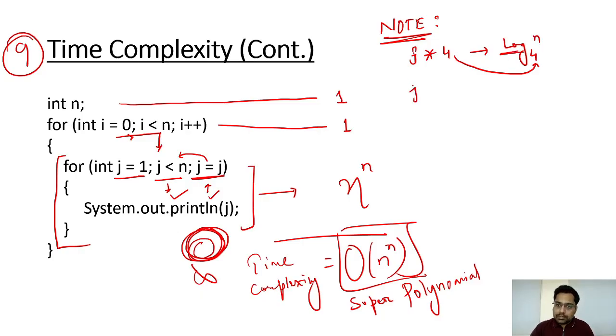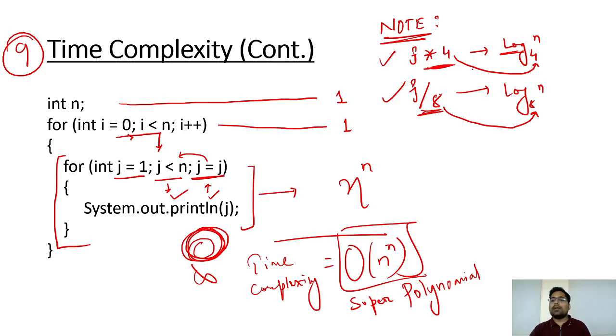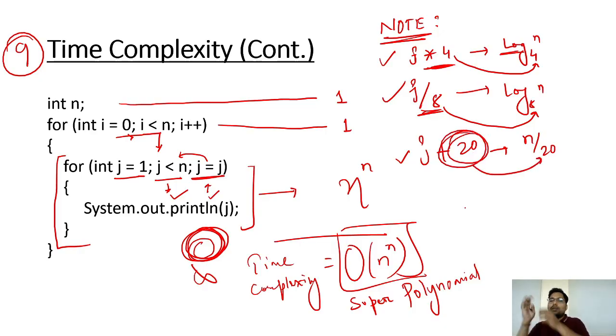Suppose j is divided by 8, in that case log base 8 of n. Like the previous examples we have seen, whatever it is getting multiplied by inside. Or suppose it is adding, say 20 is getting added, so n by 20, since the plus we are using, here we are dividing. This is how we find the time complexity.